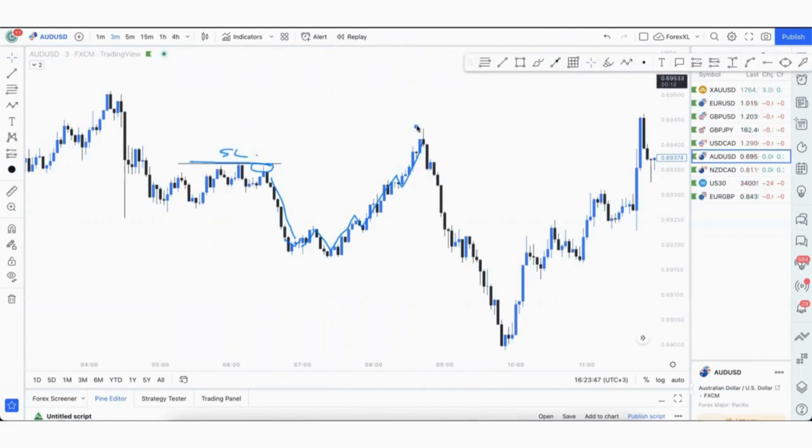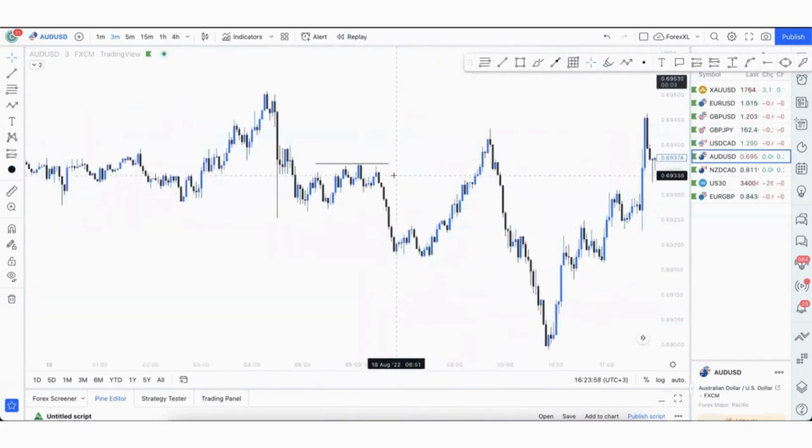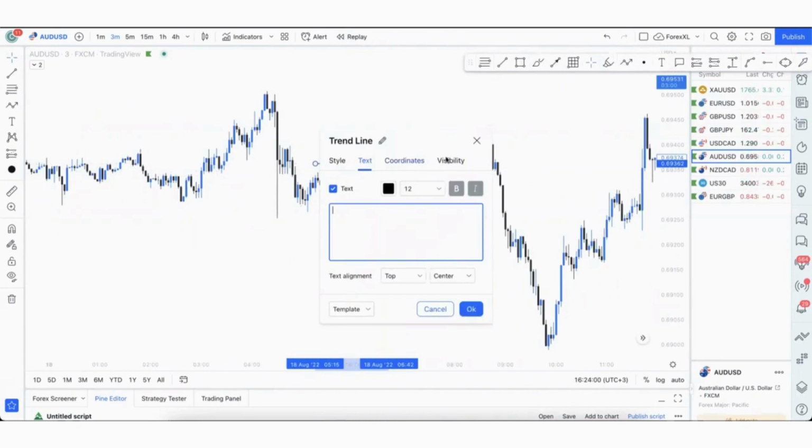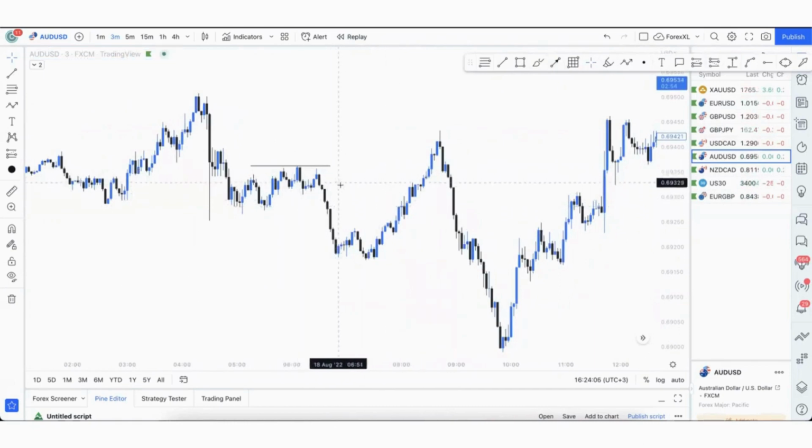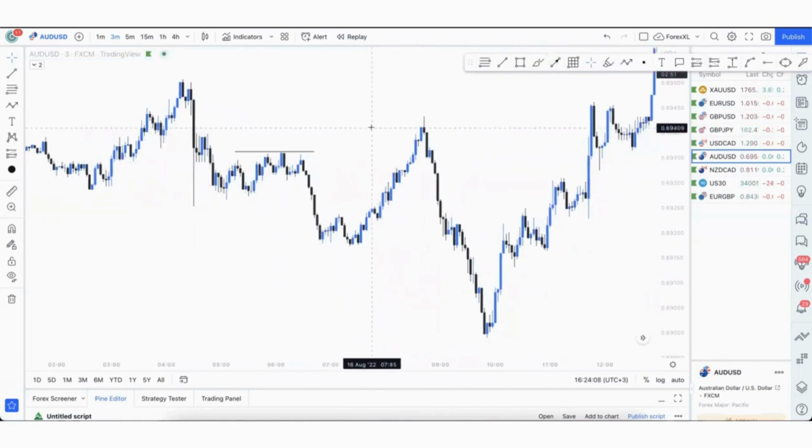As you can see here, it respects this zone, and then goes down. That's what we call equal highs. When we say there's an equal high, we assume that the price will go up there and sweep all the liquidity above it and then go down.